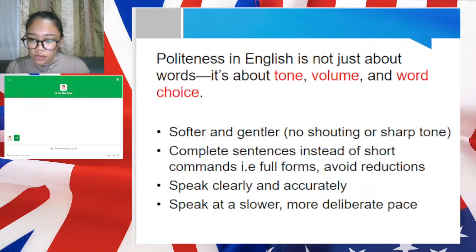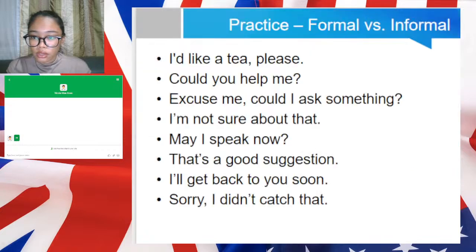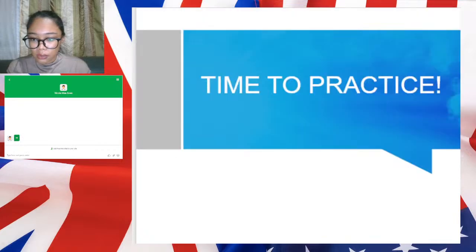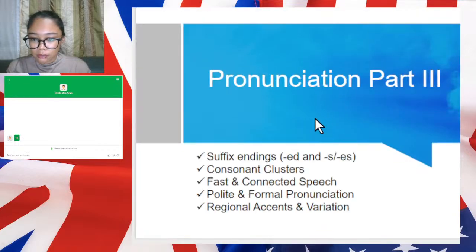So let's try to stop here because it's already 8 p.m. We'll continue this in the next session, and we'll just have a practice reel for the following session.